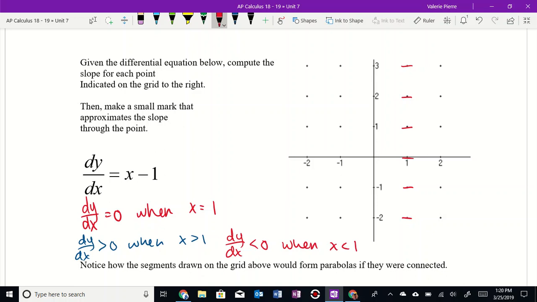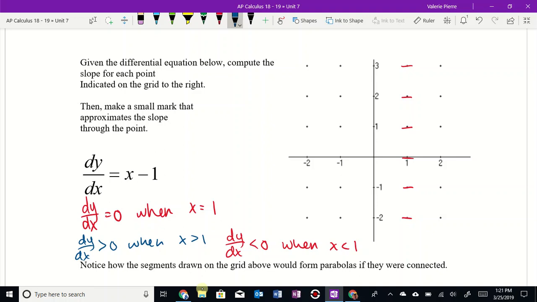All right, so now I'm going to show you how to actually find the slope of these lines. If I go over here to 2, at 2, I'm going to plug in to my differential equation. My x is 2, so I get 2 minus 1, which is 1.